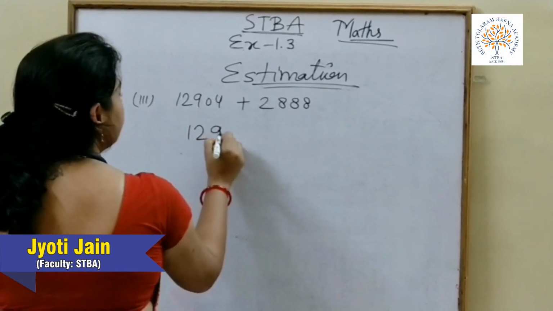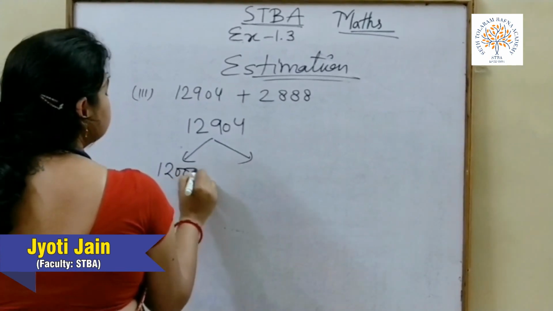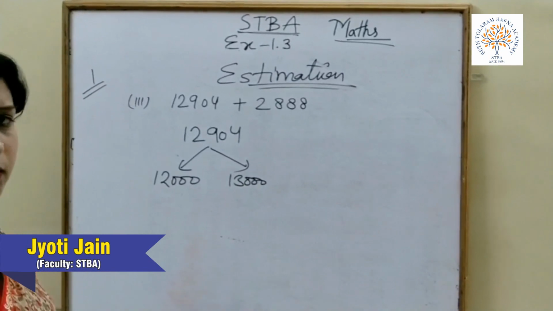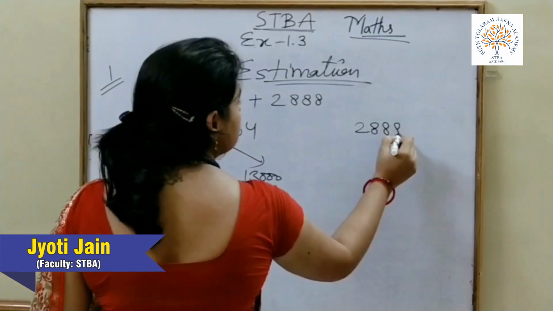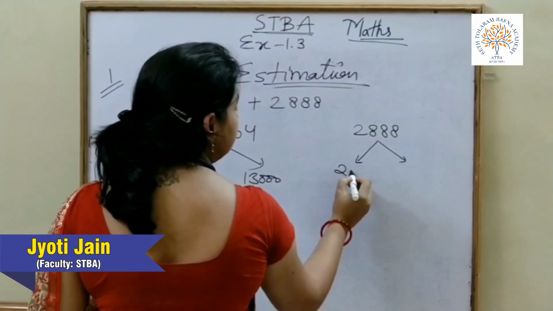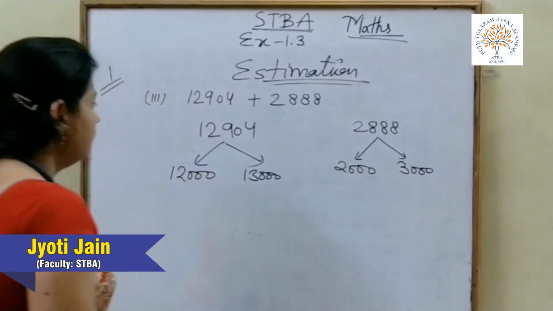So for 12,904, the thousands are 12,000 and 13,000. I told you there is no fixed rule, it's up to us. And next one is 2,888, so the thousands are 2,000 and 3,000.